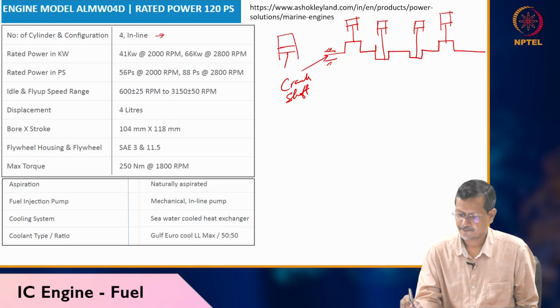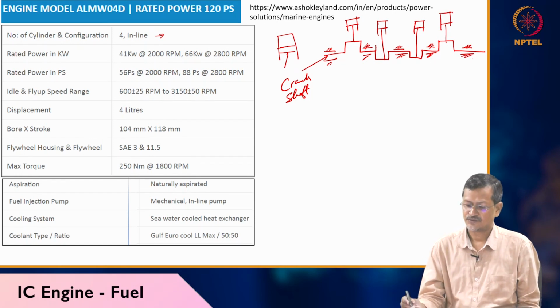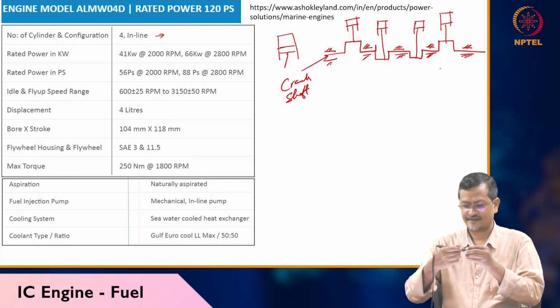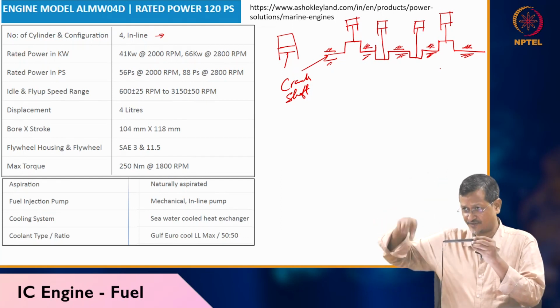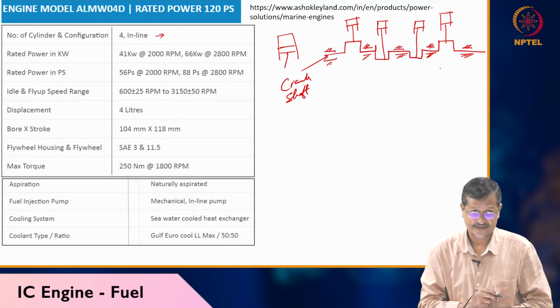So these are bearings. One common crankshaft and 4 cylinders connected. So one crankshaft is there, 1 cylinder, 2 cylinder, 3 cylinder, 4 cylinder. Okay, 4 cylinders connected in a series. So this is called inline cylinder.